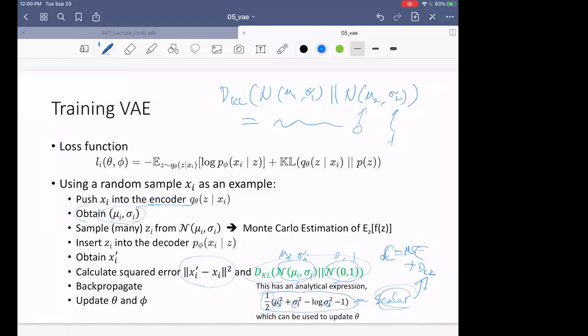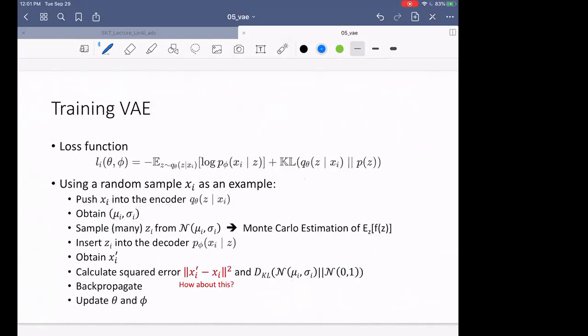D_KL can be used to update theta, which is your encoder, because mu and sigma were derived from your encoder, Q theta. So being able to calculate your D_KL leads to being able to update your theta in your encoder. This part is no problem.